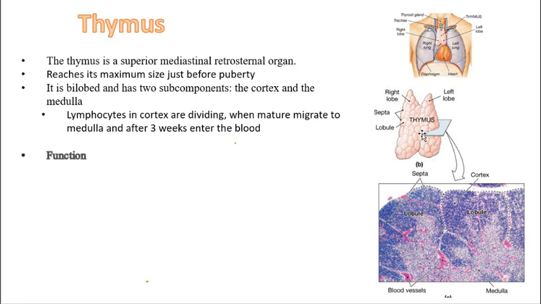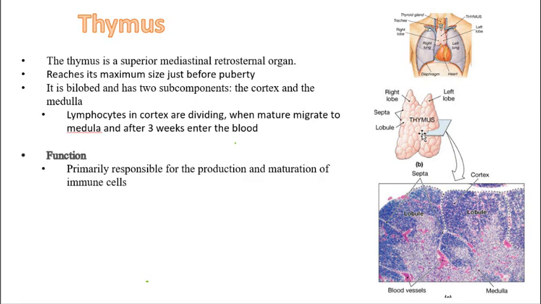So what is the function of the lymphatic system? The primary responsibility is production and maturation of immune cells, more specifically, maturation of T lymphocytes, T cells. So lymphocytes are produced in bone marrow. Let's say that this is the bone marrow inside. Inside you produce lymphocytes. Some lymphocytes stay in the bone marrow. Some lymphocytes leave the bone marrow and enter the circulation.